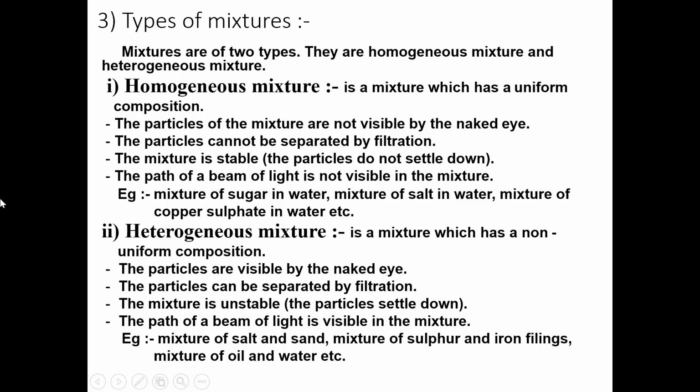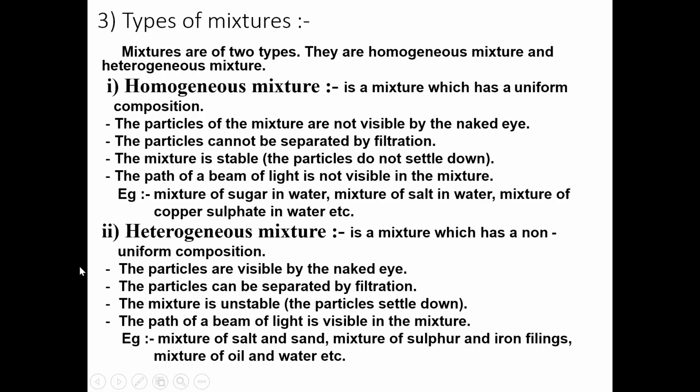If we focus any ray of light through this homogeneous mixture, we cannot see any path of the beam of light. Some examples of homogeneous mixtures are sugar in water, salt in water, and copper sulfate in water.